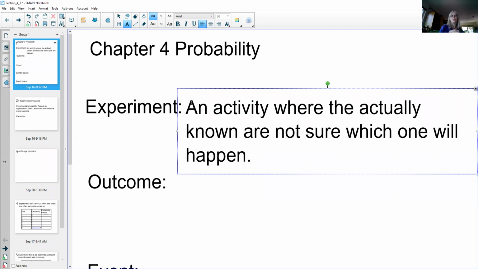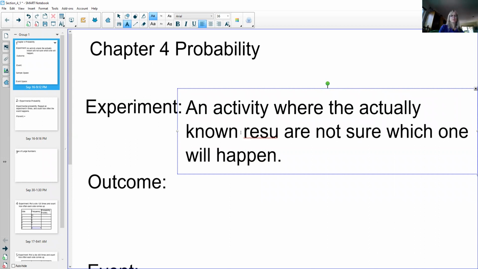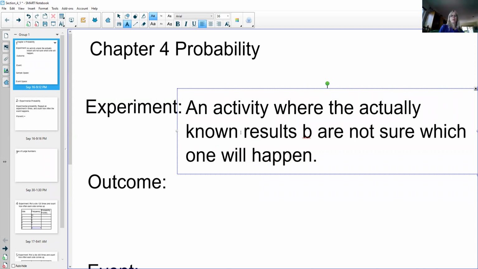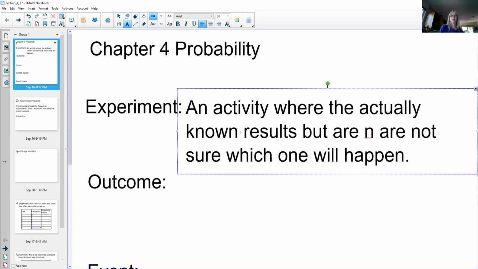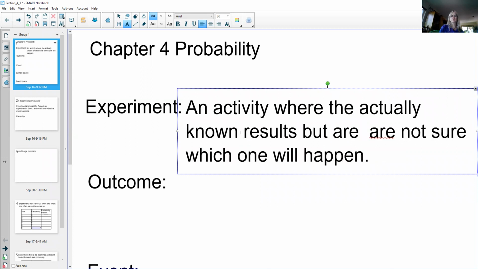So you have these actual known results, but are not sure which one will happen. So in other words, flipping a coin is a known activity. You know you're going to get a head or a tail. You just don't know which one you're going to get.